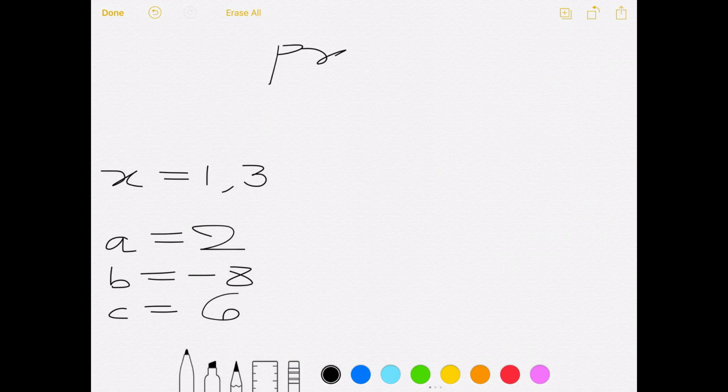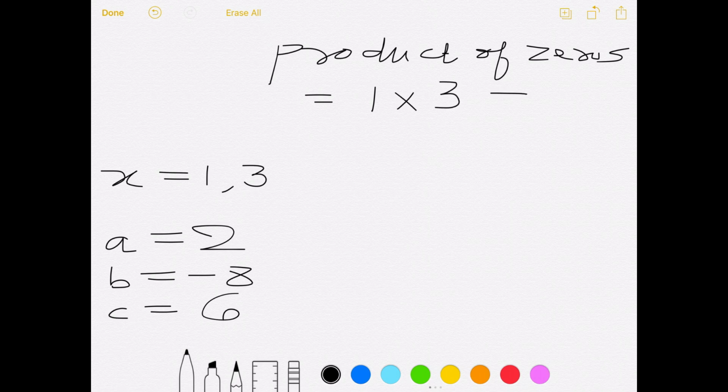Let me take the product of zeros. The zeros are 1 multiplied by 3, and the answer is 3. Now what if we use the coefficients, a shortcut formula to find the product of zeros? It would be c upon a.